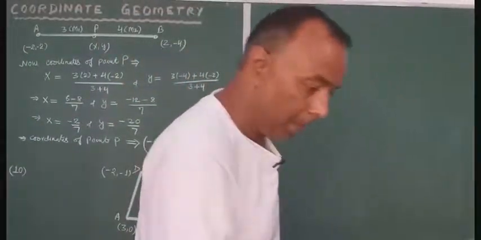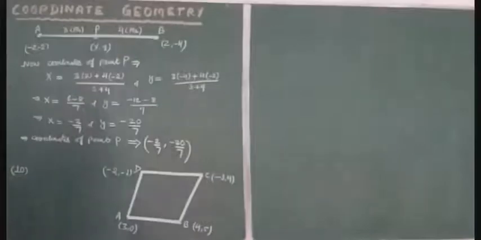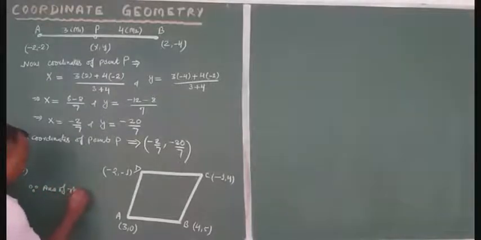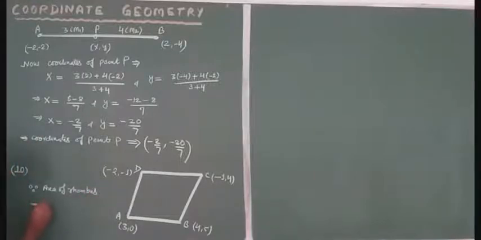So we know the area of a rhombus is given by 1/2 into the product of diagonals AC into BD.